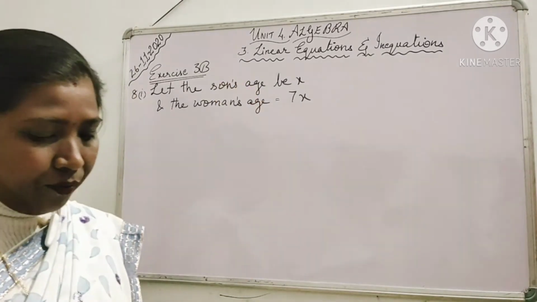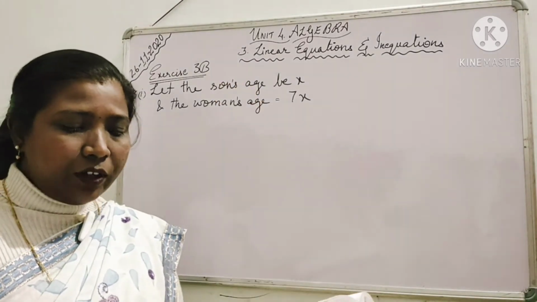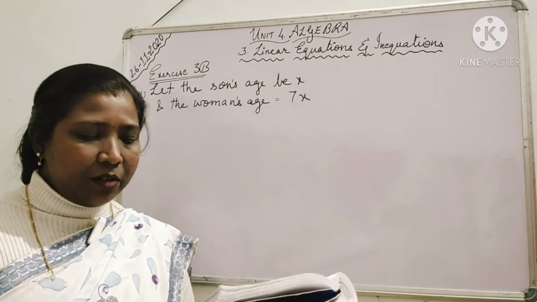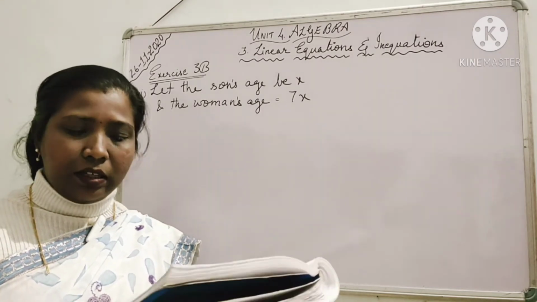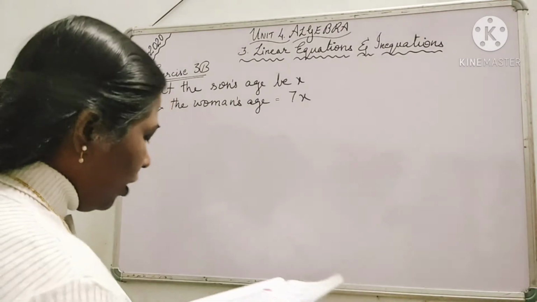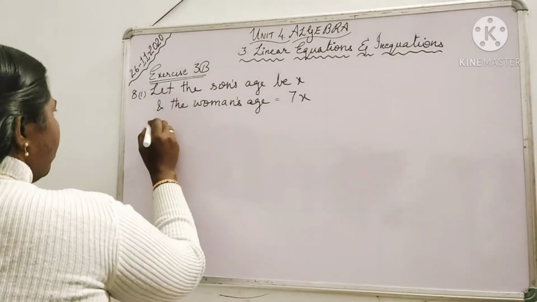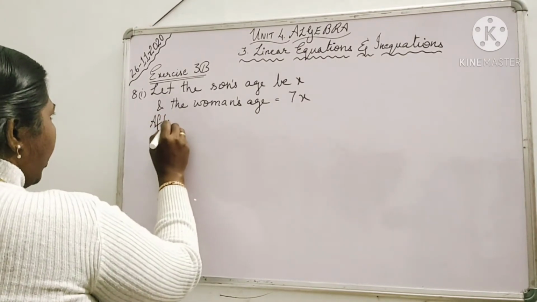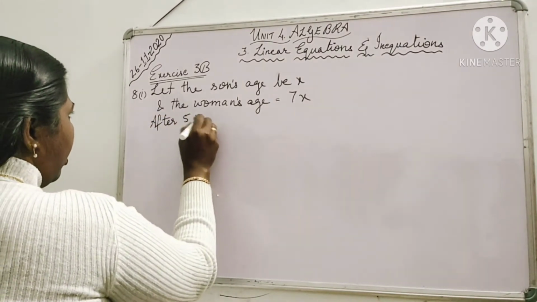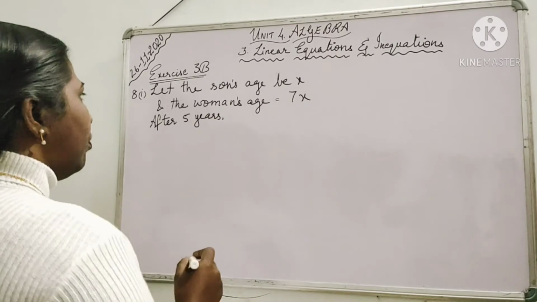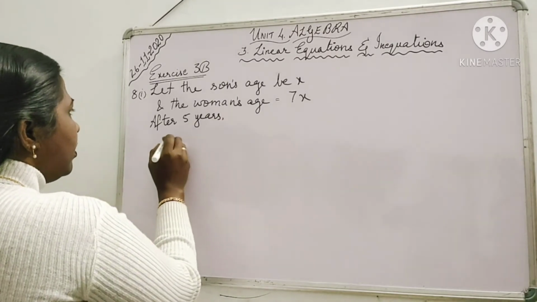Now, after 5 years, she will be 4 times as old as her son. What happens after 5 years? We will get the son's age.